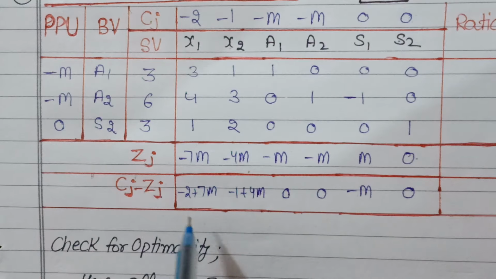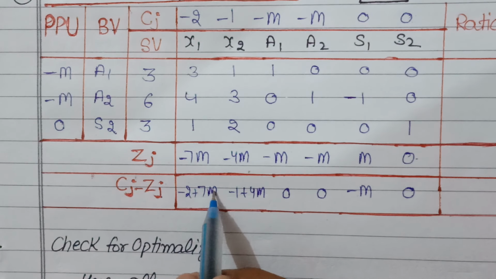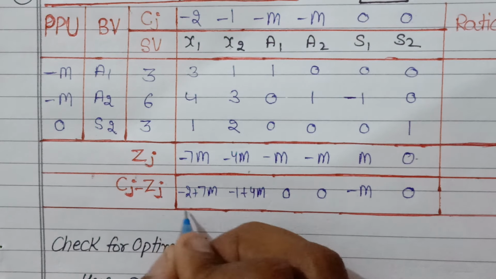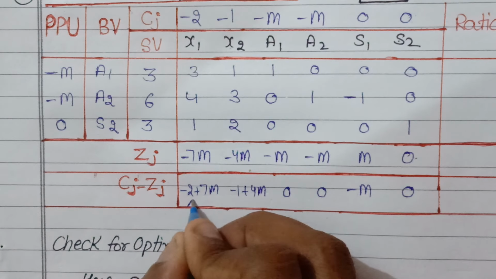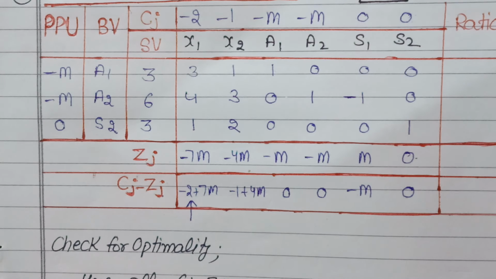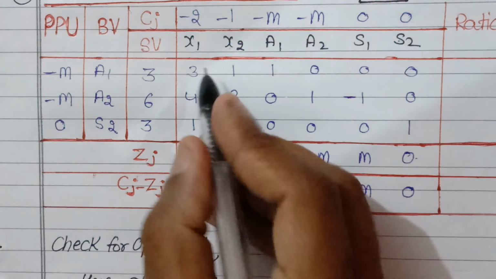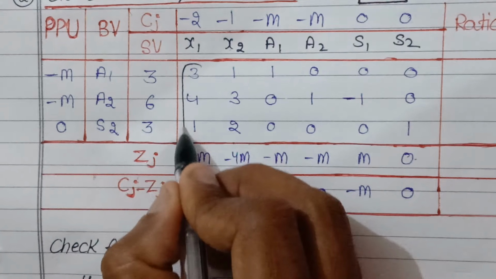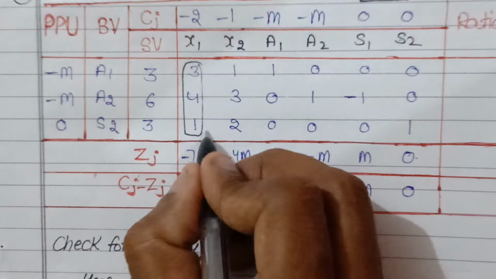Here you will see that this is the most positive value, so let us select this value. The column at the top of this value becomes the key column. So this is the key column.